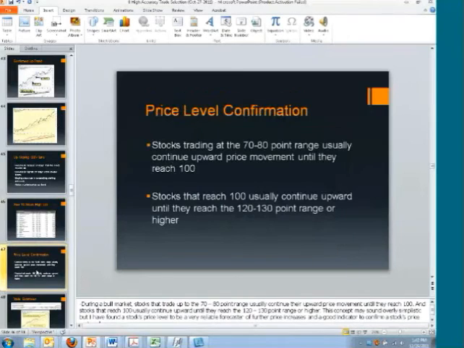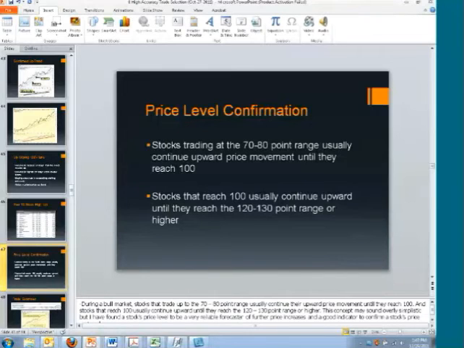And also, I like to look at the price level of the stock, and I found that stocks that are trading in the 70 to 80 point range usually continue upward until they reach 100. And if they get up to 100, then they usually get up to the 120 to 130 point range. So this is another way to confirm, simply based on the price itself, because very few stocks ever get up to these higher price levels.